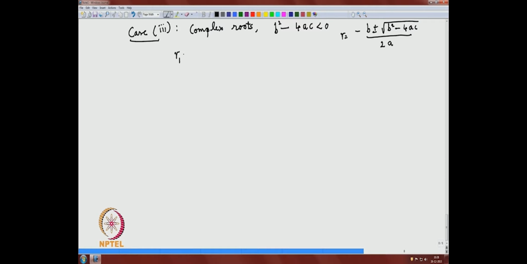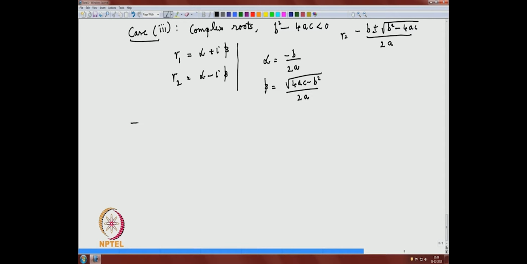So, you will have r1 of the form alpha plus i beta, a complex root, and r2 equals alpha minus i beta. So, alpha is nothing but minus b by 2a, and beta is the square root of 4ac minus b squared, taken over 2a.